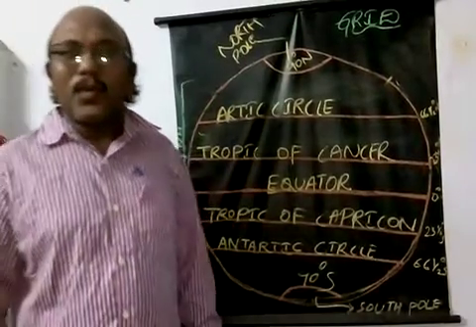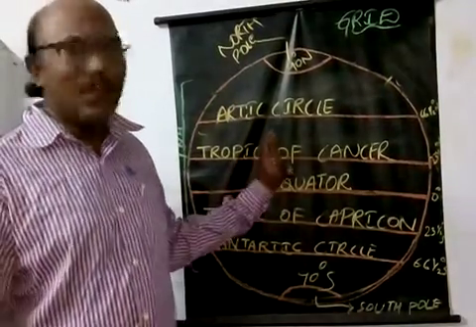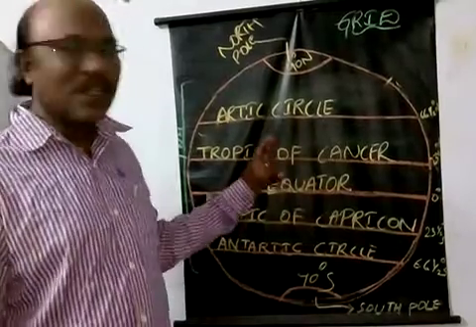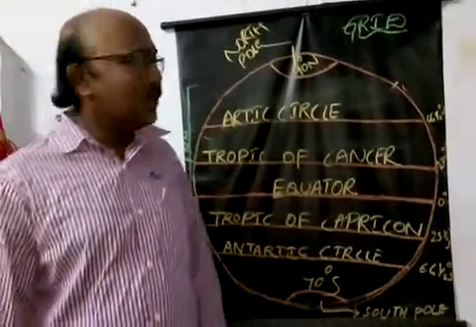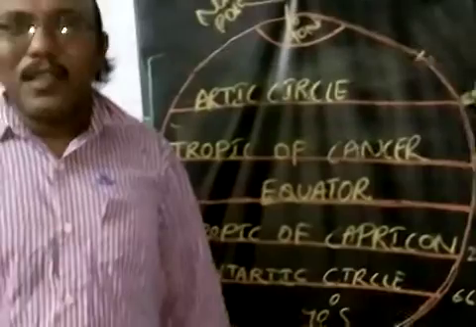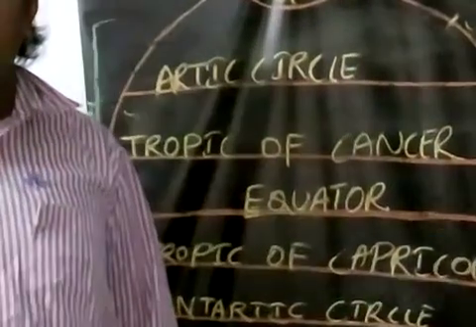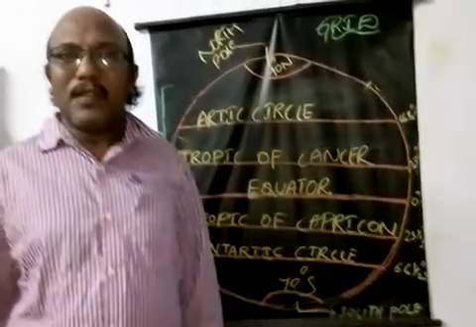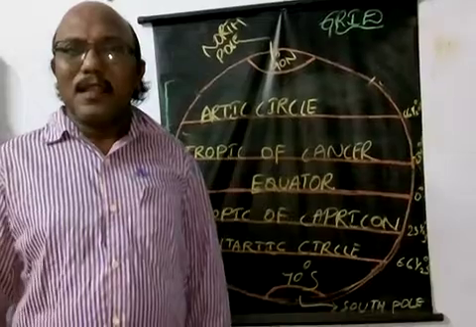Now we are going to discuss latitudes. See the board, children. Latitudes are circles around the globe at equal distances.